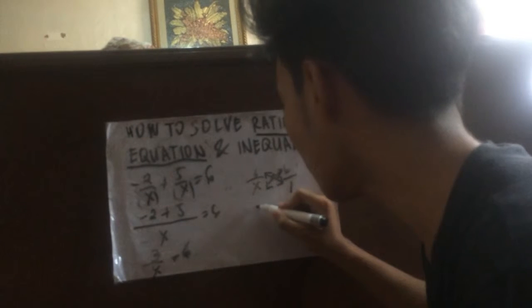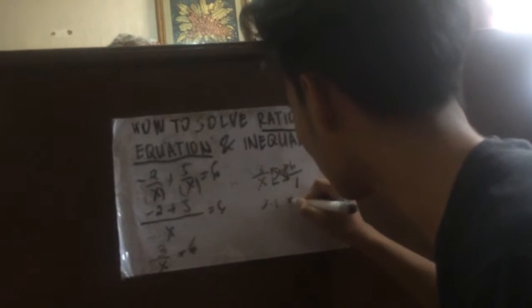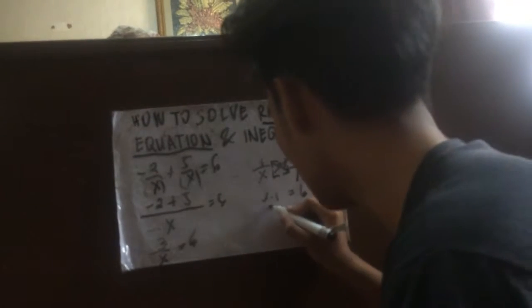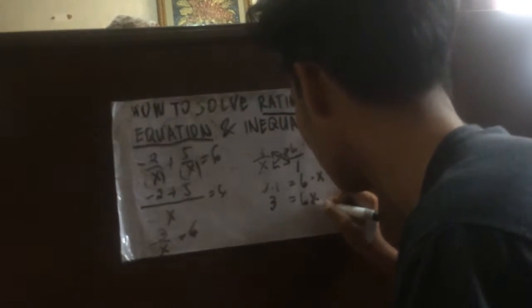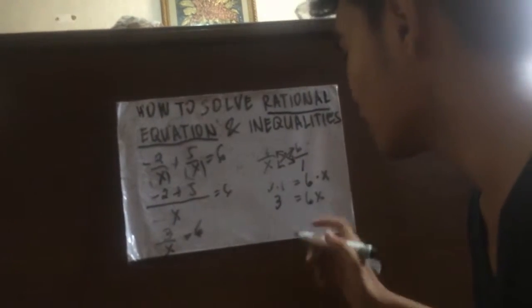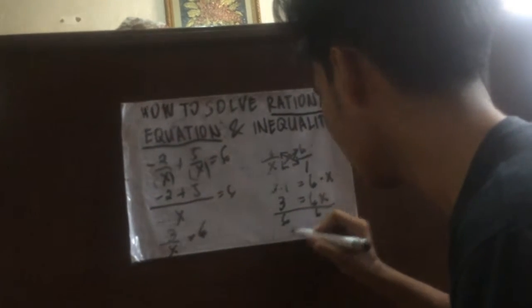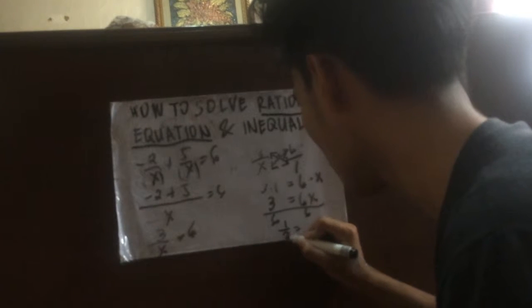Cross multiply, you get 3 times 1 equals to 6 times x. So, simplify, 3 is equals to 6x. Para ma-cancel yung 6 sa x, i-over lang natin sila sa 6. Then, you get the answer of 1/2.